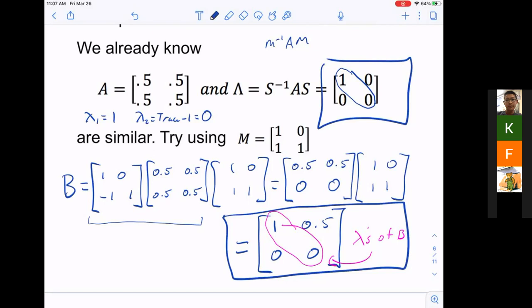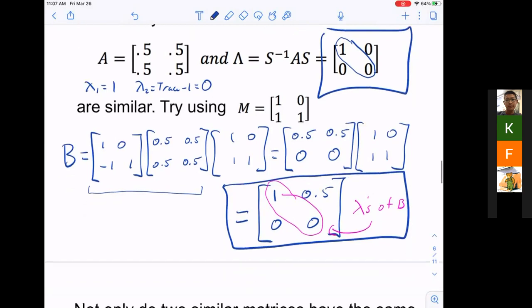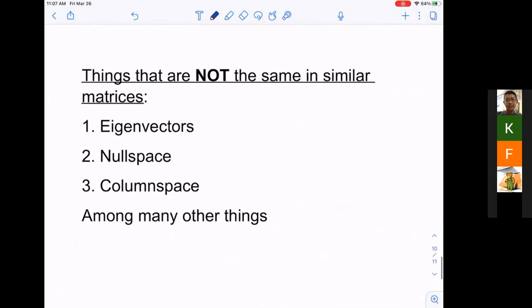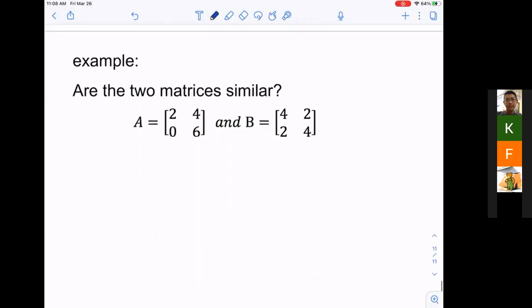And the basis of the null space of A will be (1, -1). Those don't have the same null space. Some of them can have the same null space, some of them could have the same column space, but it's not guaranteed there. So we could show a lot of examples where some of them are, some of them aren't, because it's not guaranteed.